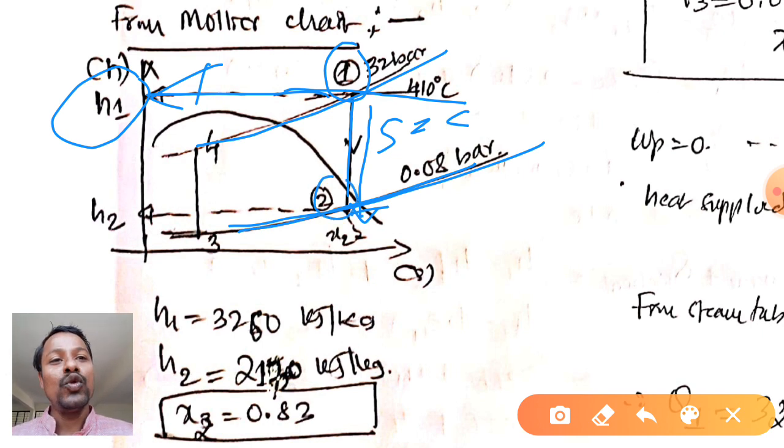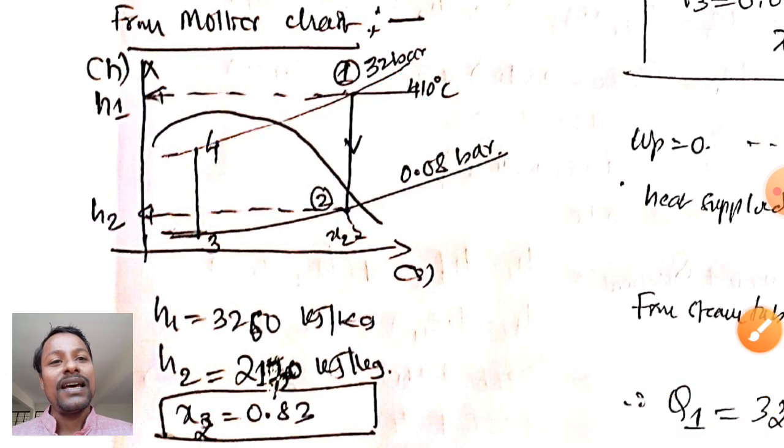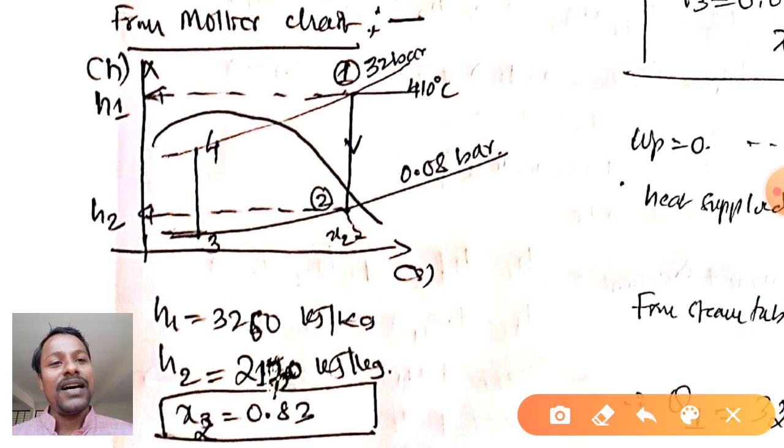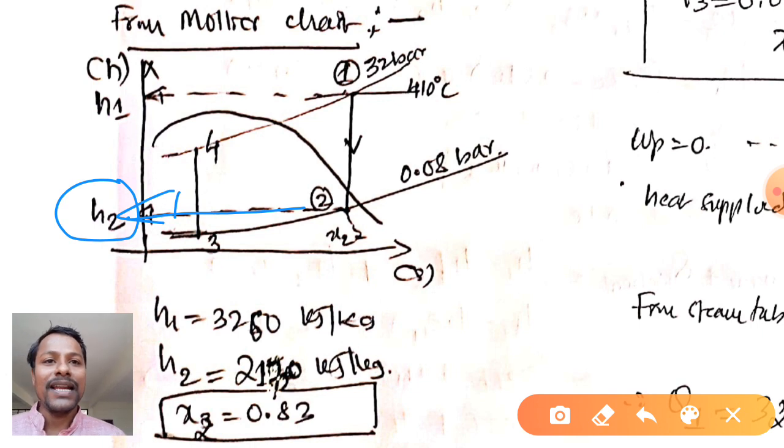So then from 2, if you draw a horizontal line towards the y axis, I will be able to read the H2 value, so now I am able to get H1 and H2 from the Mollier chart. So from 2, if you want to know the dryness fraction, that is the condition of the steam at state 2, I have constant dryness fraction lines.